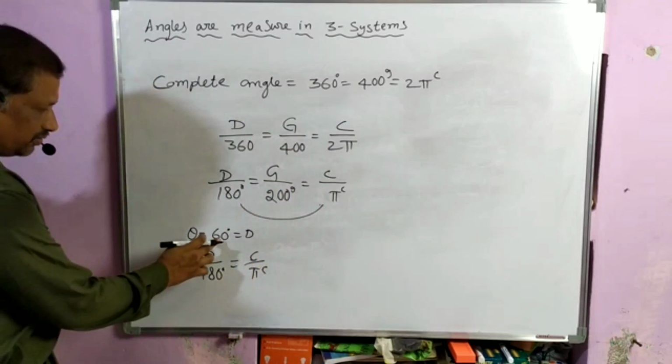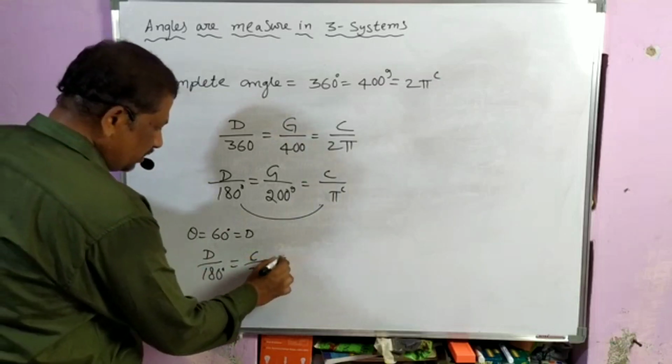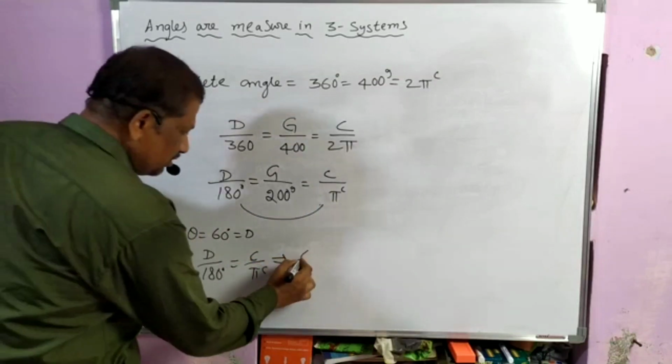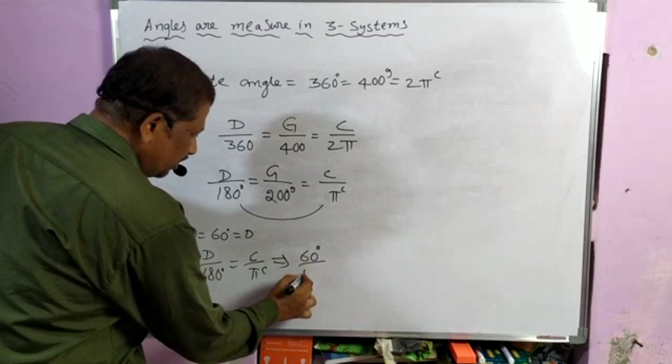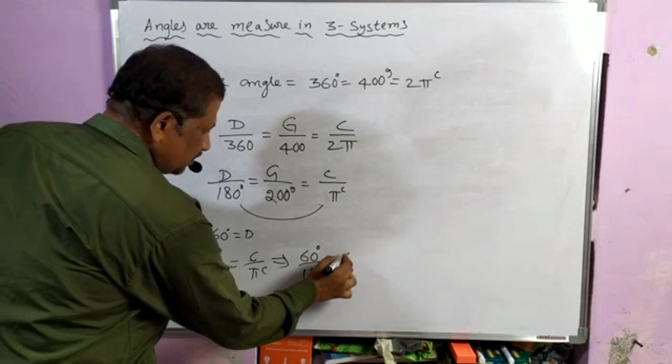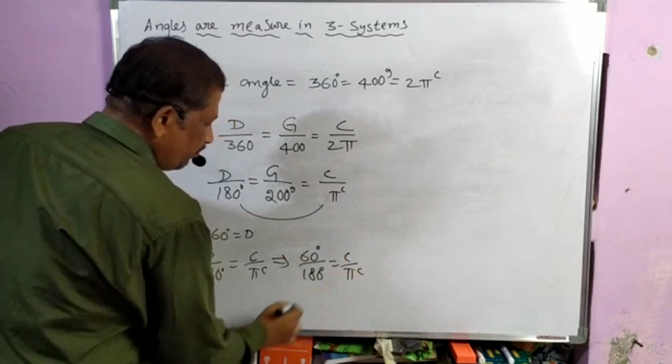In the place of D, I substitute 60, whatever angle is given in degrees. So 60 by 180 is equal to C by pi radians.